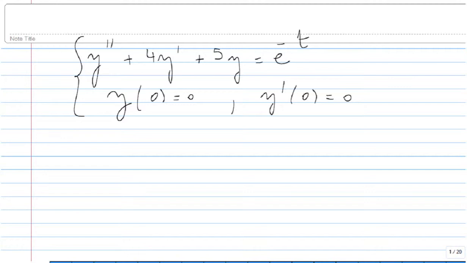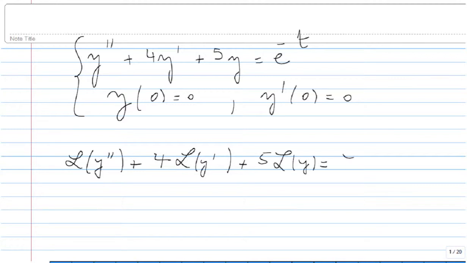Okay? So anyway, we want to use Laplace, so we take the Laplace of y double prime plus 4 Laplace of y prime plus 5 Laplace of y equals Laplace of e to the minus t.